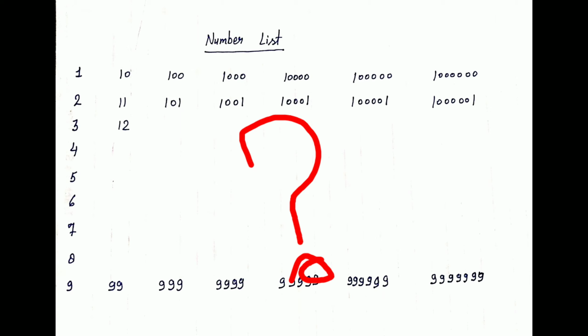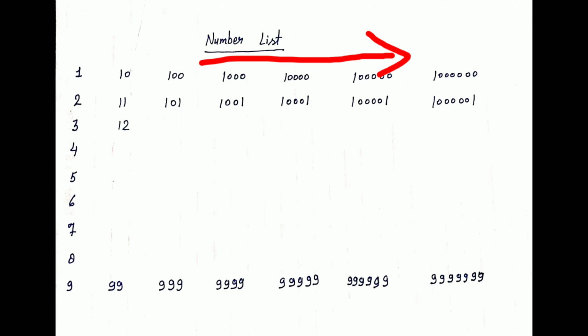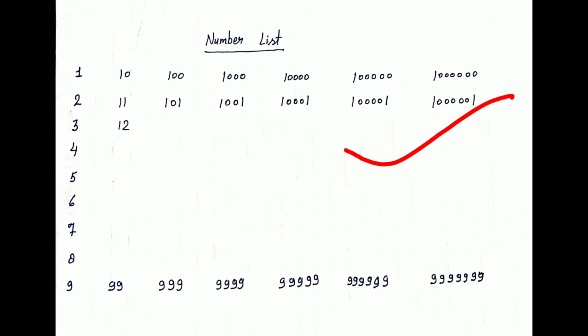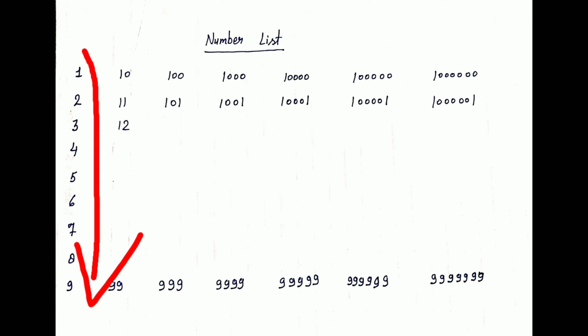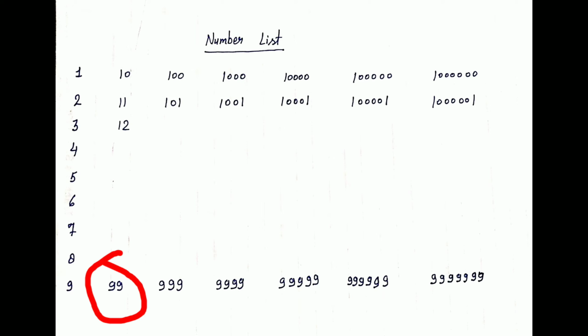As your number list keeps going, the number of digits in your number keeps increasing. So you start with 1, then 2, 3, 4, 5, 6 and 10, 11, 12 and then finally you reach 99. Then you go to 100. Like this the list is unending.